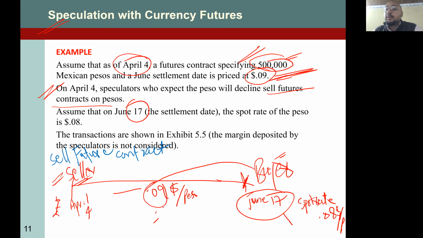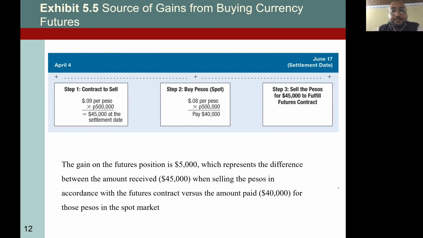If he doesn't have them, he will go to the market, buy the pesos at 0.08 and transfer them to the buyer's account at 0.09, and he will have $0.01 profit on 1 peso. Multiply by 500,000 pesos, and the answer is 5,000 US dollars. Here we go.